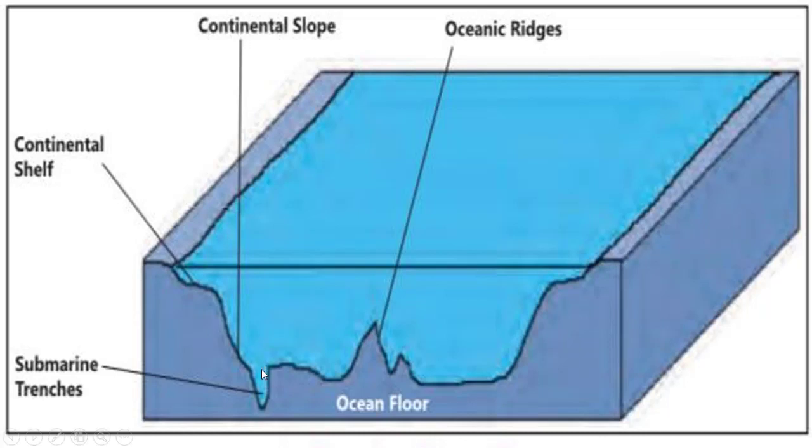These trenches descend up to 10 kilometers underwater. These are like faults and cracks. Its example is Mariana Trench, which is the deepest point of the earth. These are so deep that even light and sun rays cannot reach there.